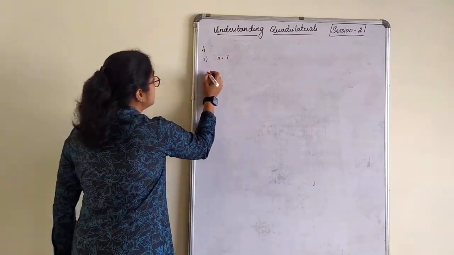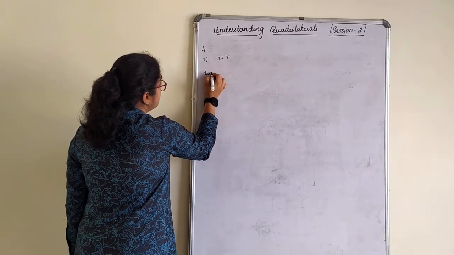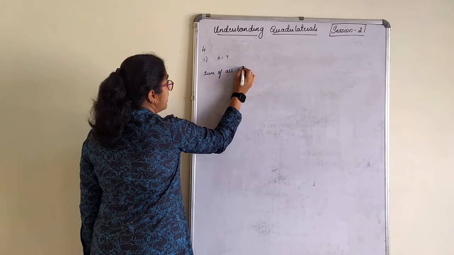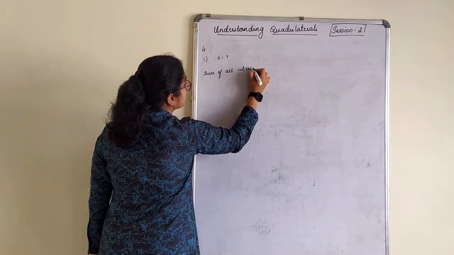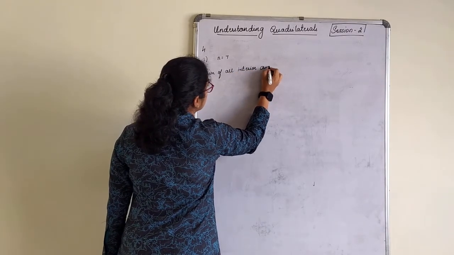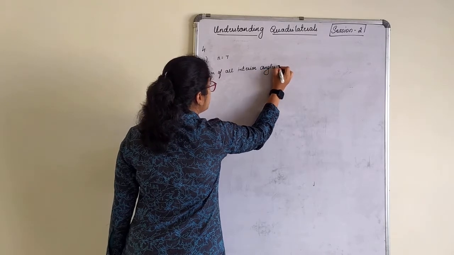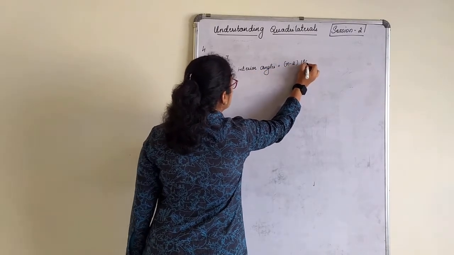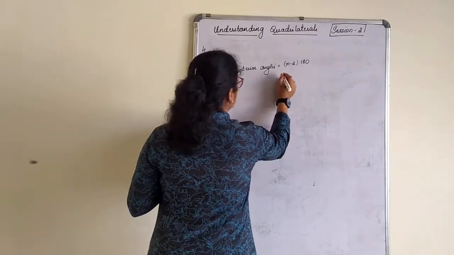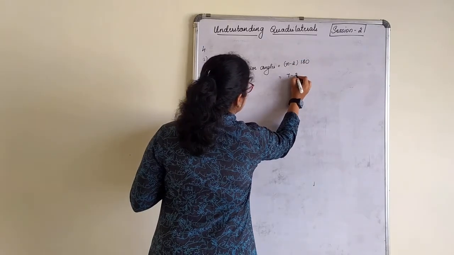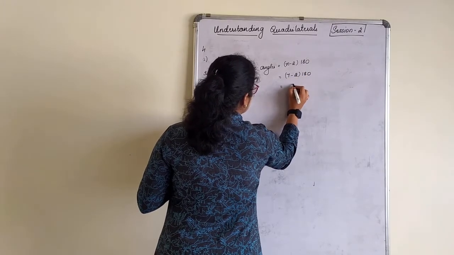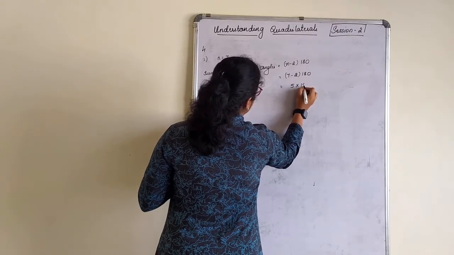So what should I write? Sum of all interior angles is equal to (n minus 2) into 180. So n is here 7. 7 minus 2 into 180. 7 minus 2 is 5. 5 into 180.